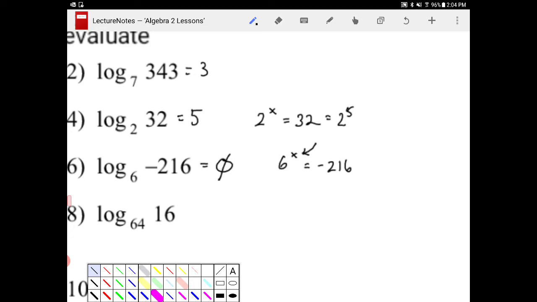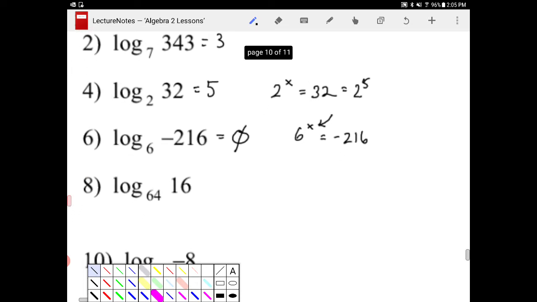Think about that. Take a positive number, raise it by a positive exponent or a negative exponent. You will not end up with a negative answer here. If you're wondering about imaginary numbers, we're not going to take that into consideration. We're only going to be taking into consideration real numbers for this exercise.